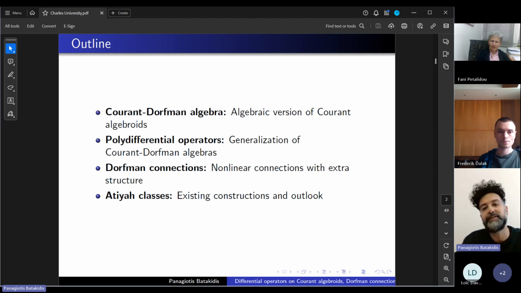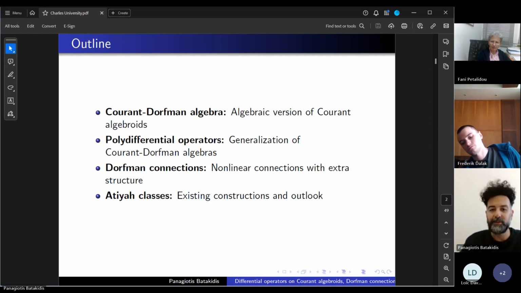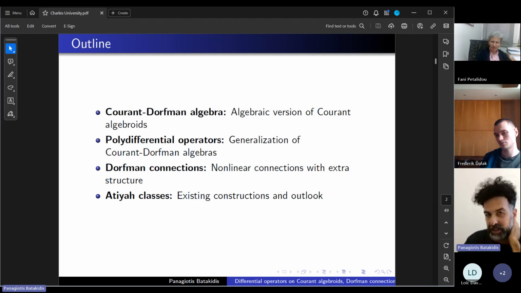Although we know how to do that for many other cases, Manin pairs are completely different. So the motivation basically in the talk will come at the end, because in a way it's independent of what you will see in the first place.